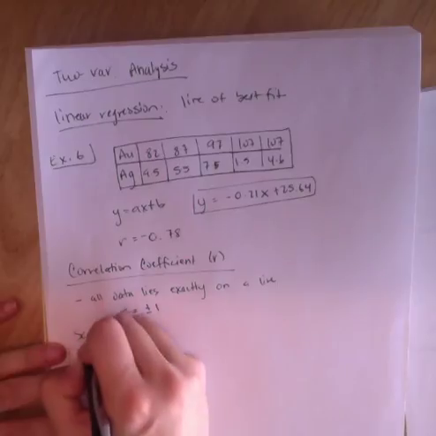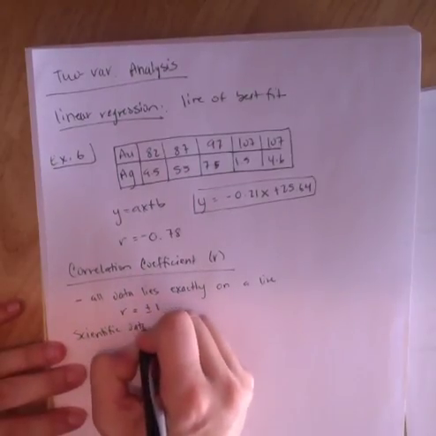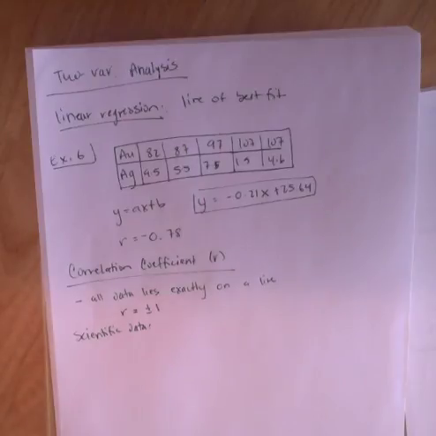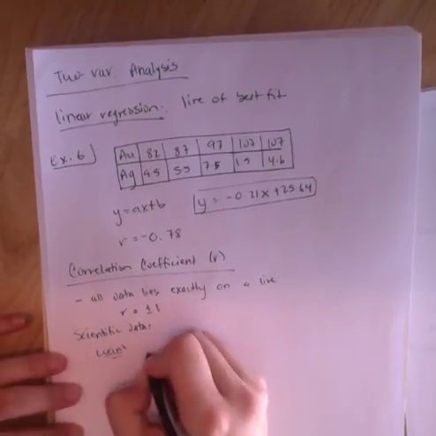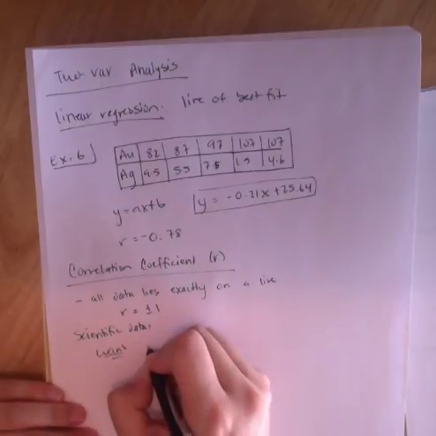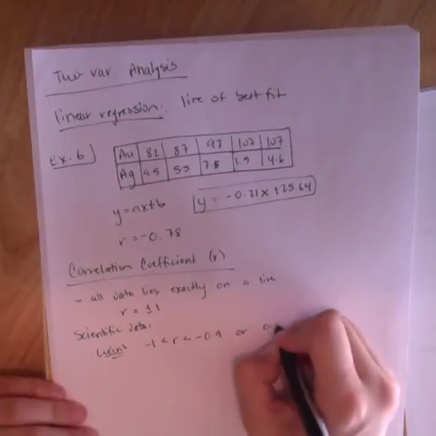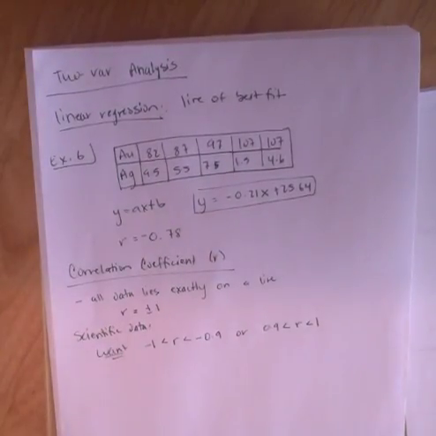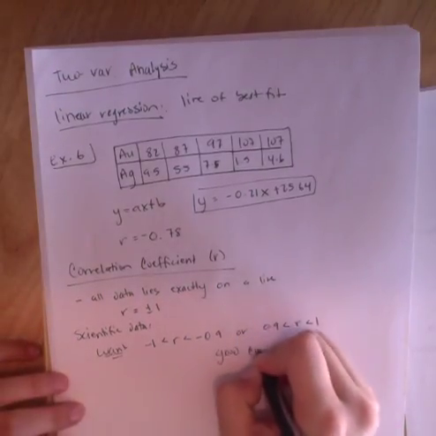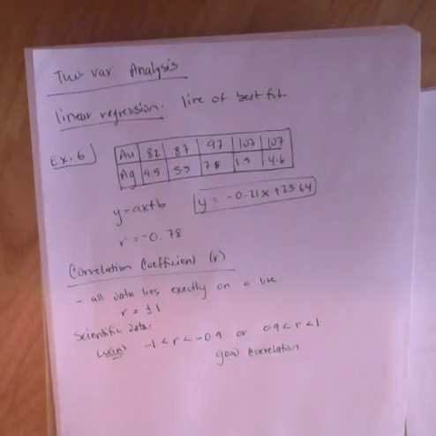For scientific data, we want the desirable r to either be in between -1 and -0.9 or 0.9 and 1. What this tells me is that there is a good correlation, meaning my r is a good r. It does what we want it to do. Okay? If r is outside of this, it's not a good correlation.